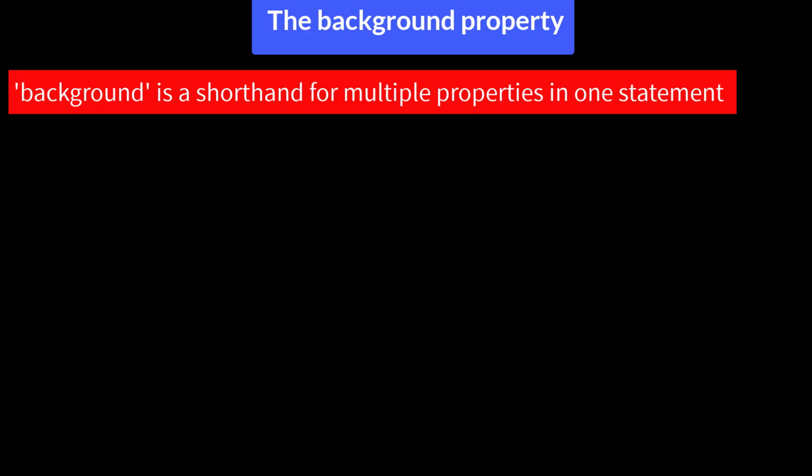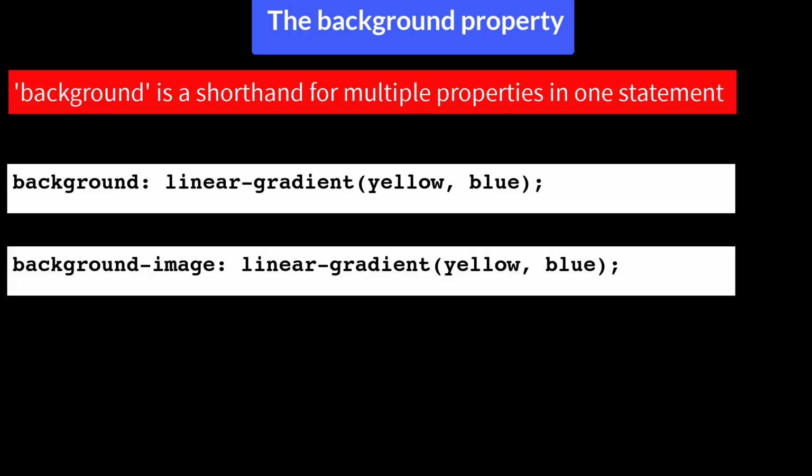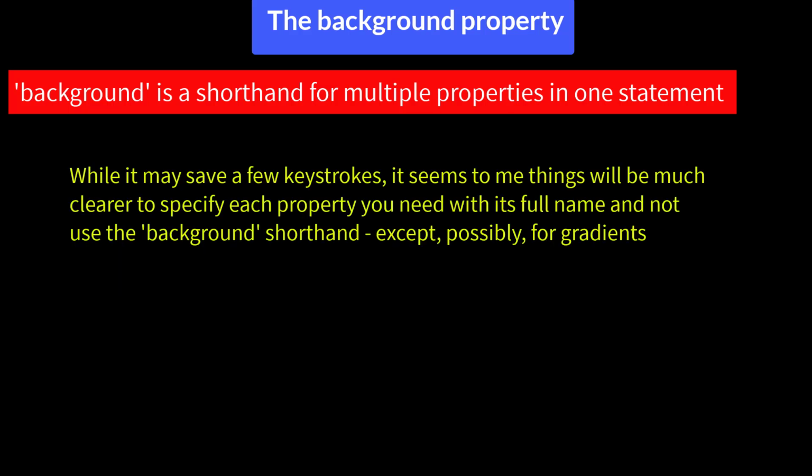Looking back at the previous session, we now see that background linear gradient yellow, blue will be interpreted as background image linear gradient yellow, blue. While it may save a few keystrokes, it seems to me things will be much clearer to specify each property you need with its full name and not use the background shorthand, except possibly for gradients.